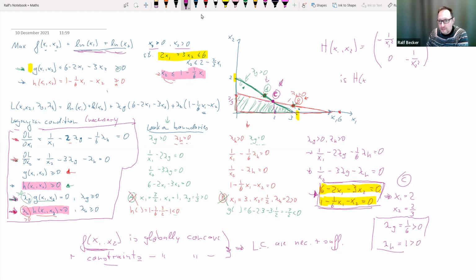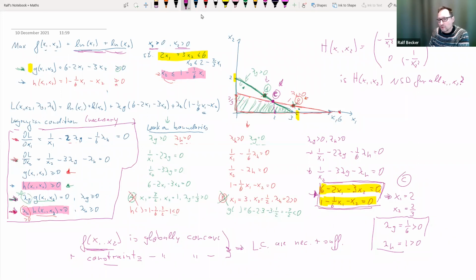The question is, is the Hessian here negative semi-definite for all x1 and x2 in our domain? That's for all positive x1 and x2. The answer is yes, because x1 squared is always positive, so a negative times something positive is always negative.